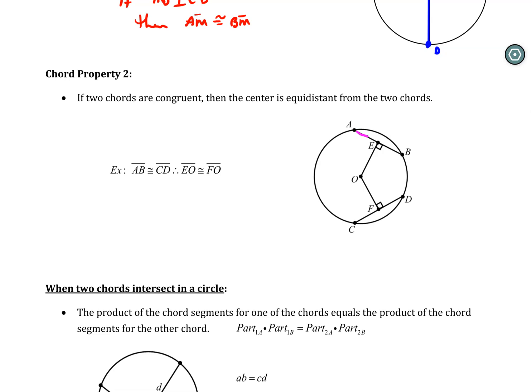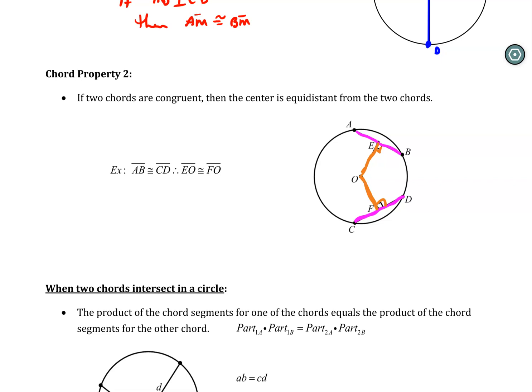So if in this example, AB and CD are in fact congruent to each other, and O is the center of the circle, and these 2 segments here are going to the midpoints of the chords, and as you can see, they're right angles, they're perpendicular to that, then they are also going to be congruent.